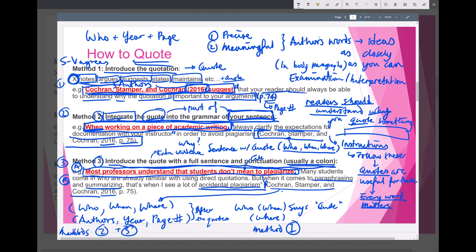With method 1, since you are introducing the quotation, you would have the author and the year, use the word says, and then add the quote, and then finish by citing where. Methods 2 and 3, since the quote is part of the sentence or an extra sentence, you would cite everything at the end with the author, the year, and the page number. And that's it for quoting.